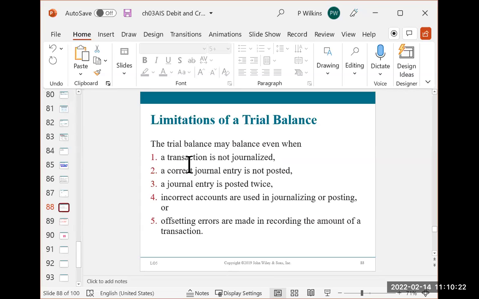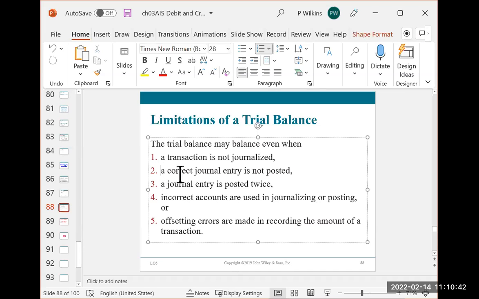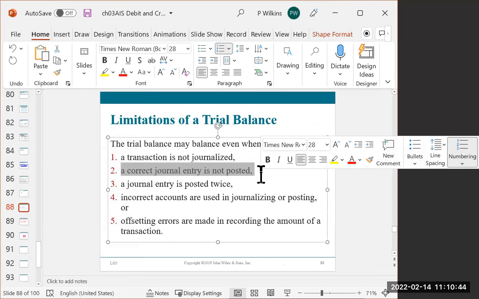Okay. So the trial balance may balance even when a transaction is not journalized. So if you forget to journalize a debit credit transaction, it's still going to balance. If you never journalize the transaction, so you pay a bill and you never put it in your journal, or a correct journal entry is not posted, so you did journalize it, but you forgot to post it to the T accounts.